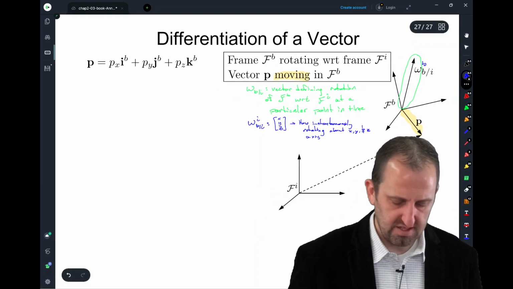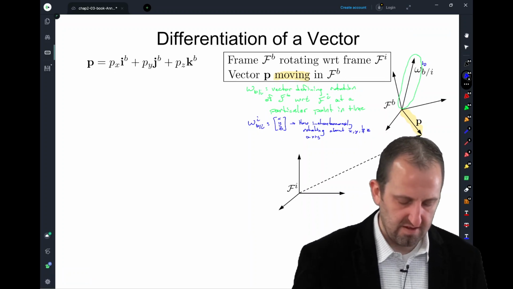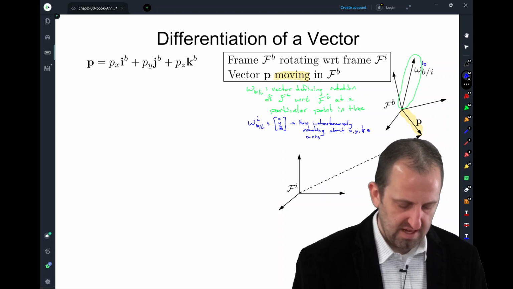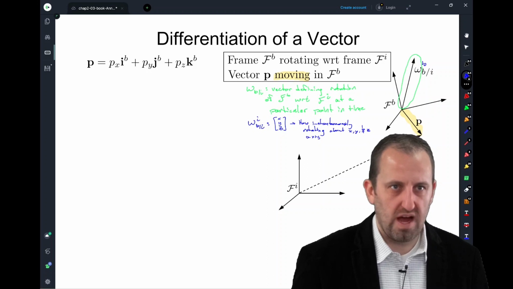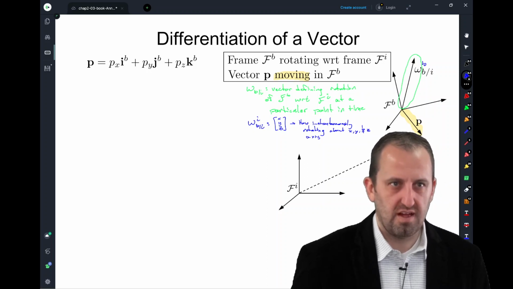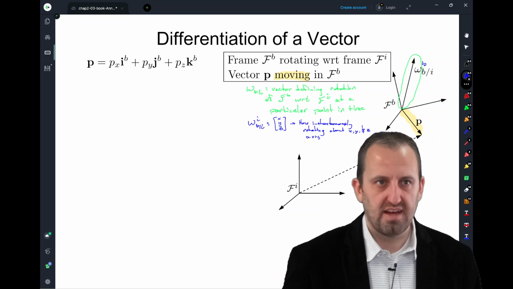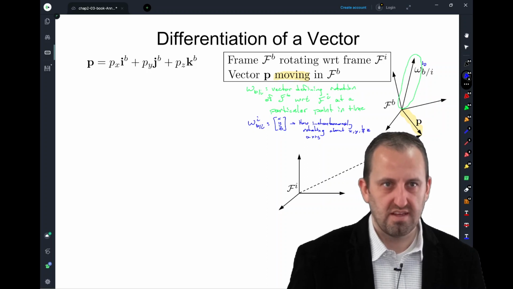All right, so let's just start off from the beginning. So we have P, and if you recall, we defined P in terms of an X component, a Y component, and a Z component. And this X component we multiply by i sub b, the Y component by j sub b, and the Z component by k sub b.